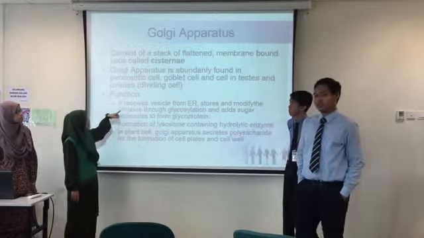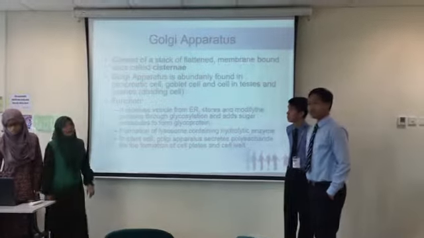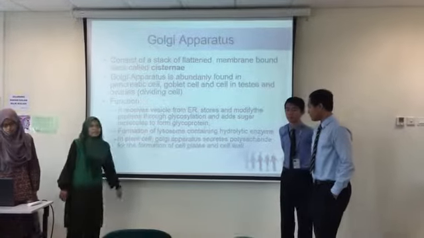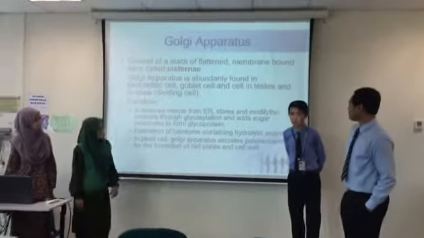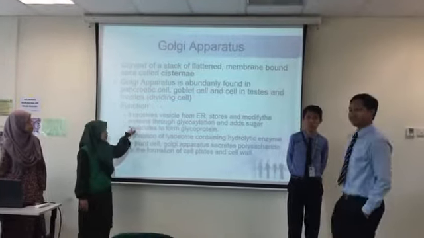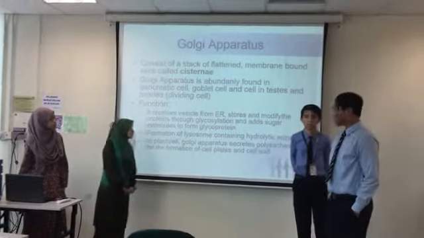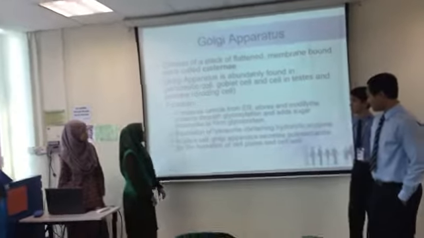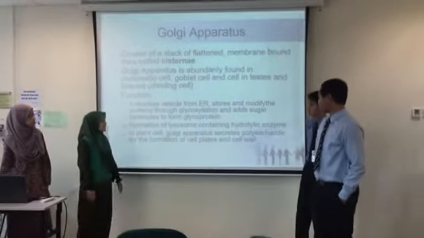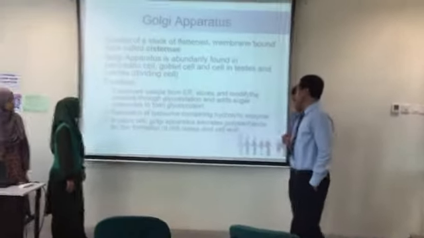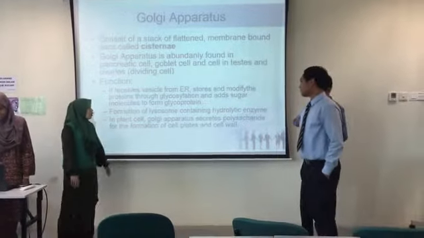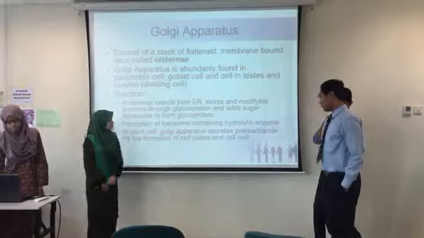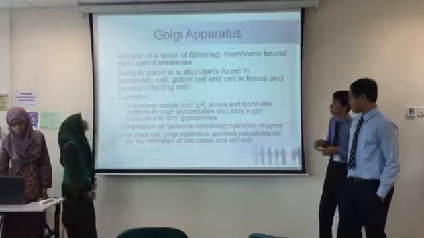The function of the Golgi apparatus is that it receives vesicles from the endoplasmic reticulum, stores and modifies the protein through glycosylation, and adds sugar molecules to form glycoprotein. Second is formation of lysosomes containing hydrolytic enzymes. Third, in plant cells, the Golgi apparatus secretes polysaccharides for the formation of the cell plate and cell wall.